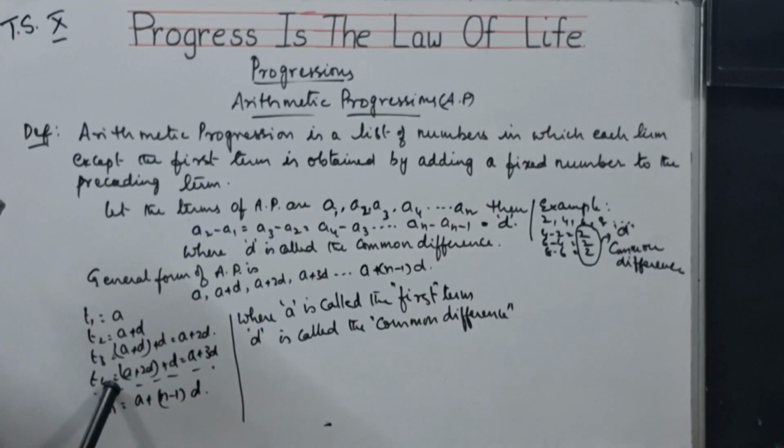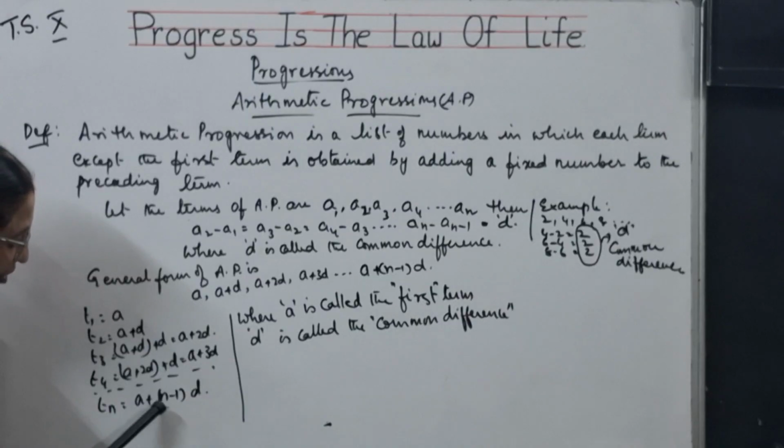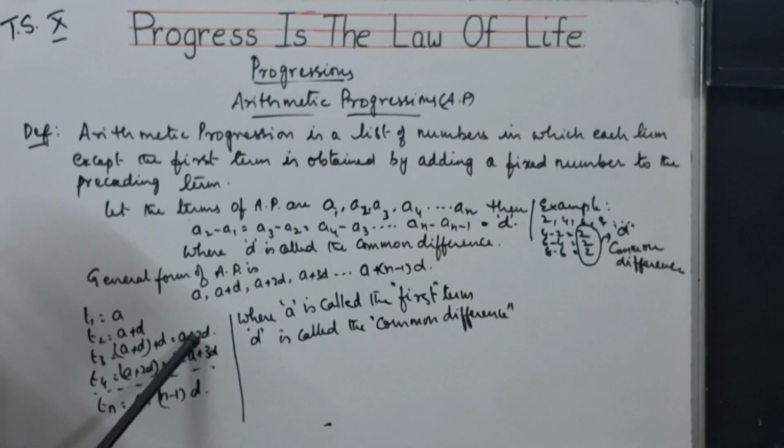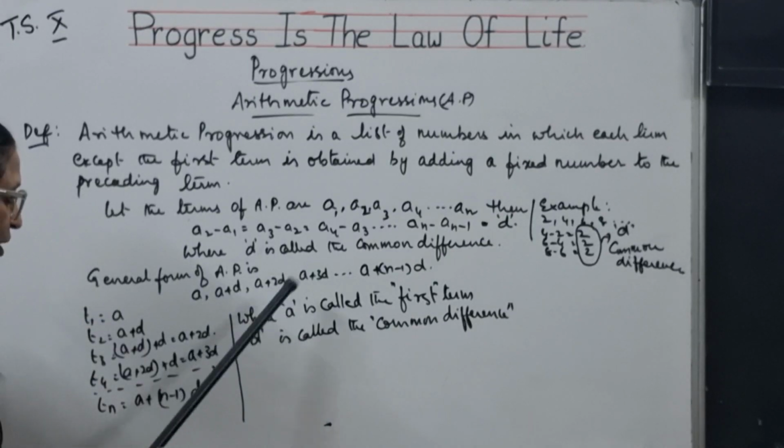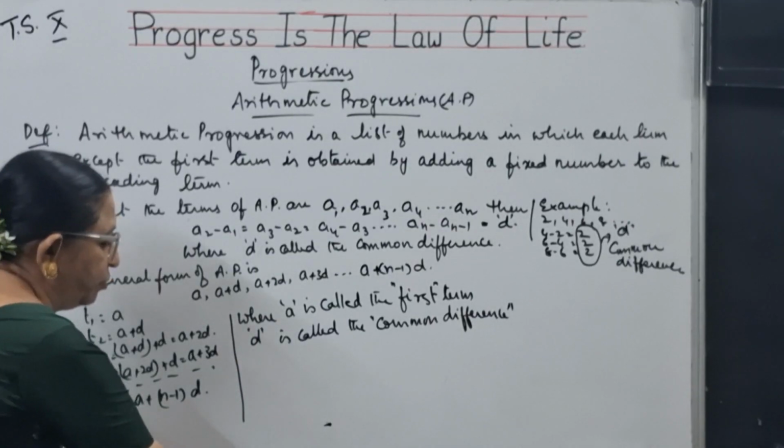That means whatever number is allotted to the term, you get one number less of D. So in general, the nth term is A plus n minus 1 into D. For the third term, A plus 3 minus 1, 2 into D. Fourth term, A plus 4 minus 1, 3 into D. In this way, the general term Tn is A plus n minus 1 into D. Here, A is called the first term and D is called the common difference.